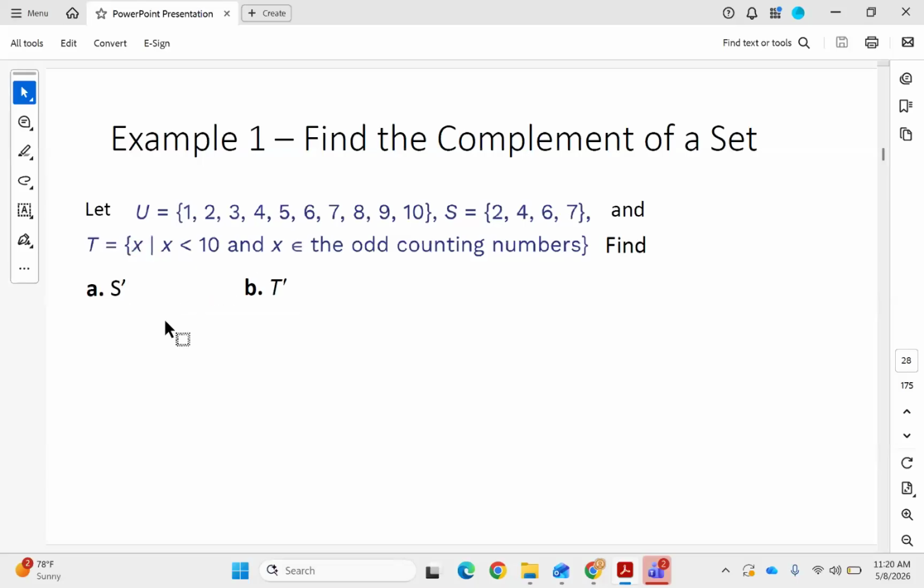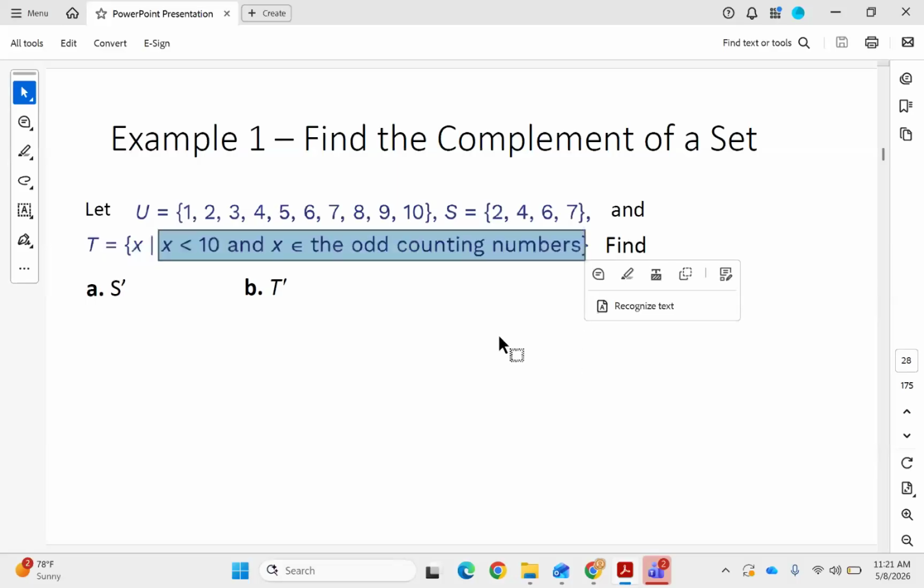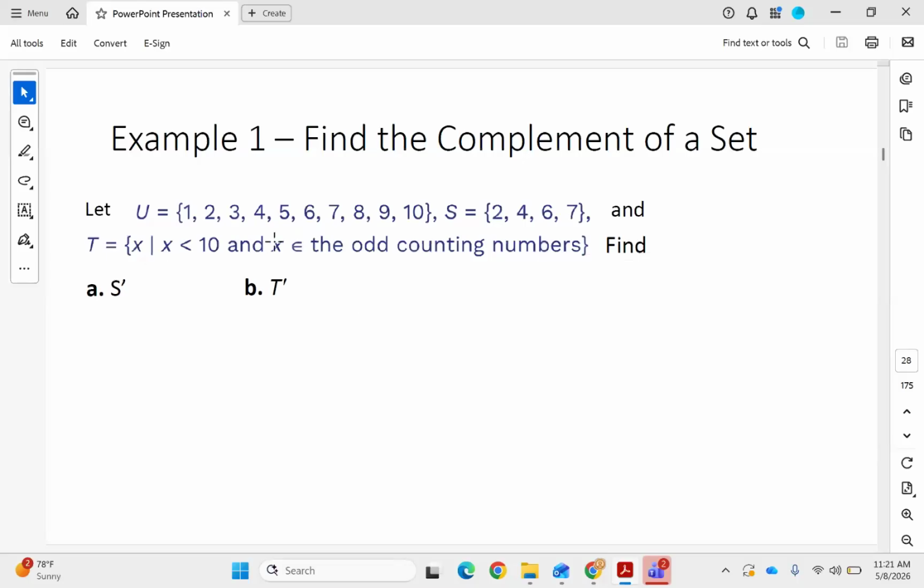So instead of giving you the list of objects, we give you a variable that represents any of the objects. Then we put a vertical line, and to the right of it, we give you the description of what each X, what each object has to represent. So X has to be less than 10, and X is an element of the odd counting numbers. So it has to be less than 10 and it has to be an odd counting number.